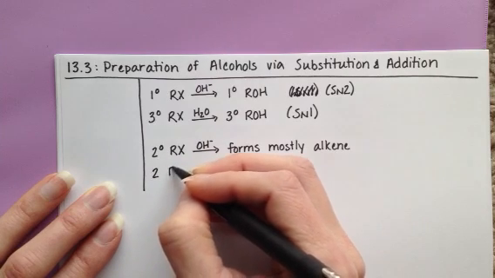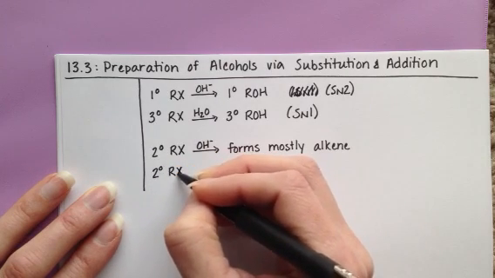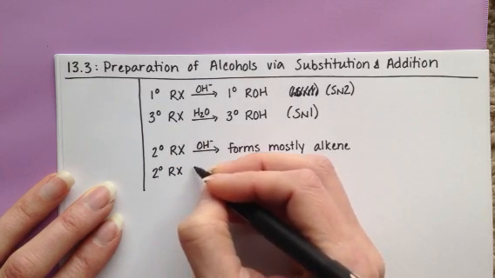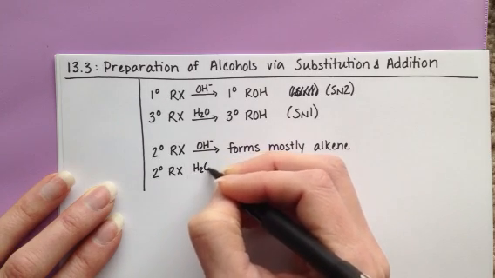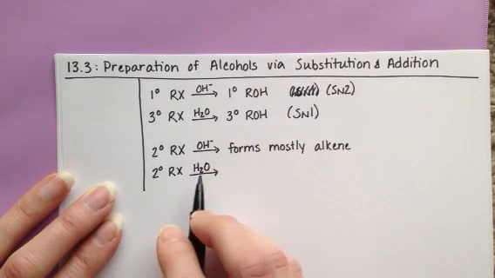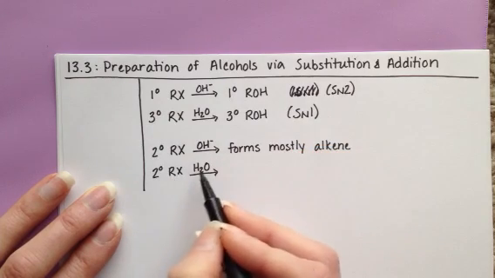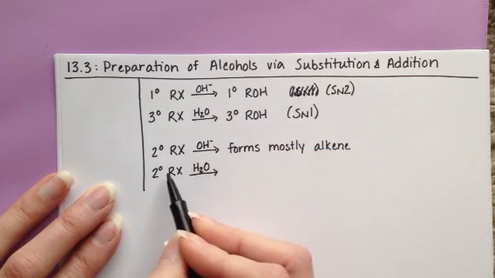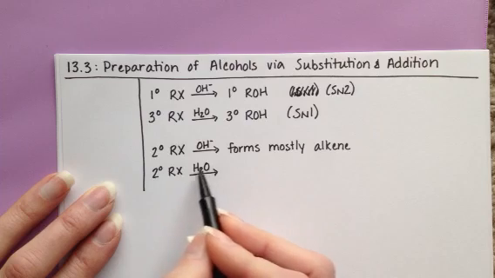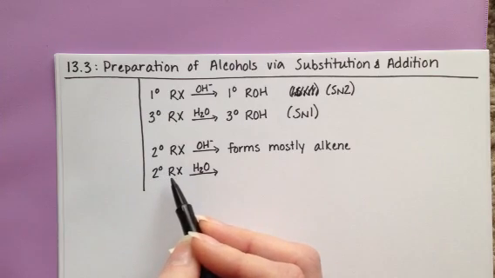If you try to do a secondary alkyl halide SN1 reaction by using water instead of a strong nucleophile like hydroxide, this reaction just isn't really going to work. In order for this reaction to go at all, the secondary alkyl halide has to fall apart to form a secondary carbocation.